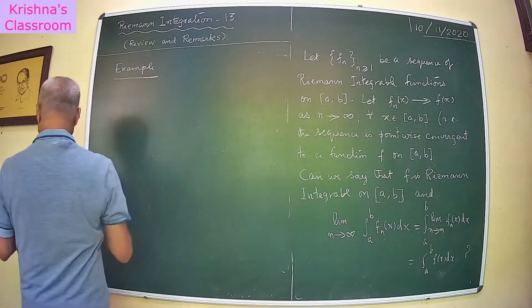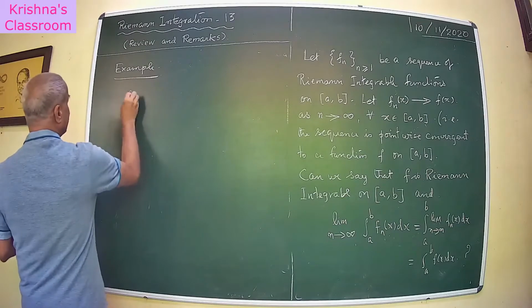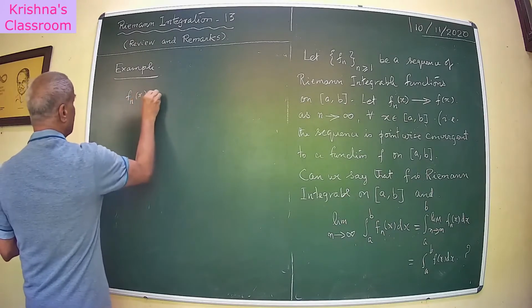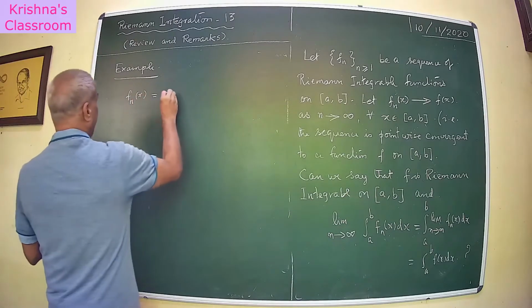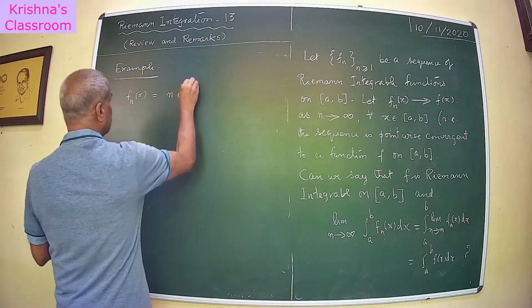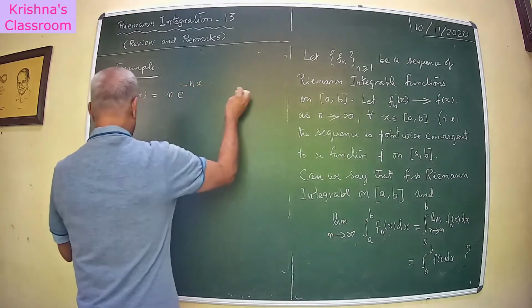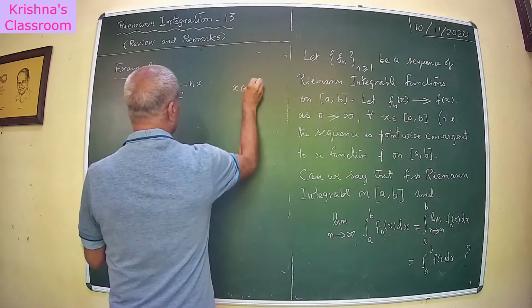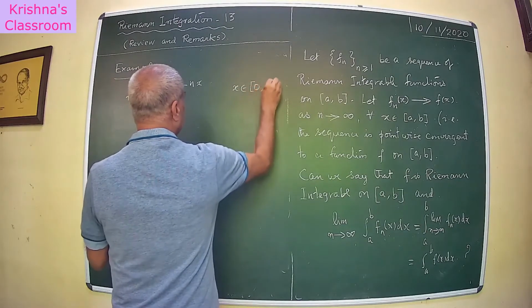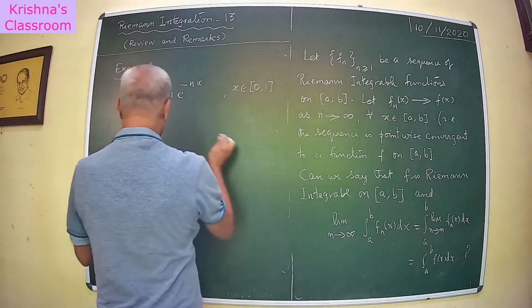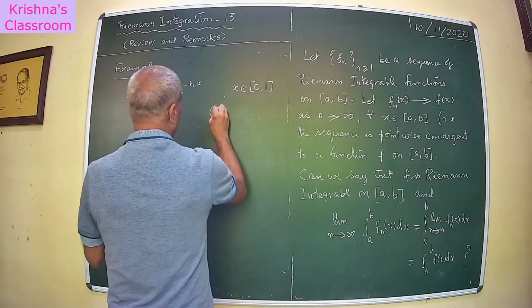Look at this function. We define fn(x) = n e to the power minus nx for x belonging to [0, 1], a well defined function for n equal to 1, 2, and so on.